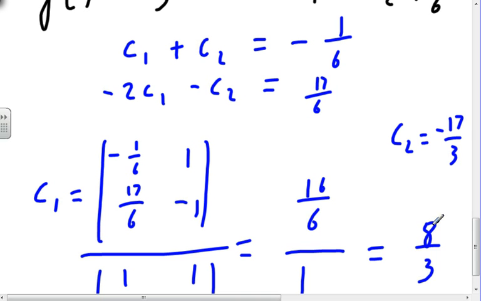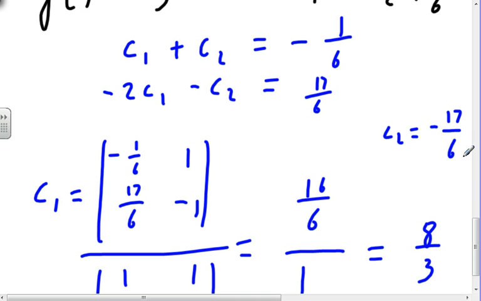No, I'm looking at the wrong thing. C1 is 16 thirds, right? 16 thirds. Then I'd have to minus 17 thirds. C2 would have to be minus 17 sixths, right? But how does that reconcile?